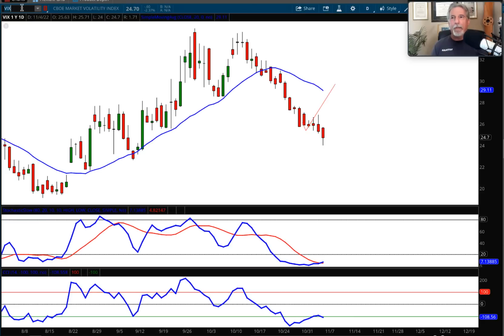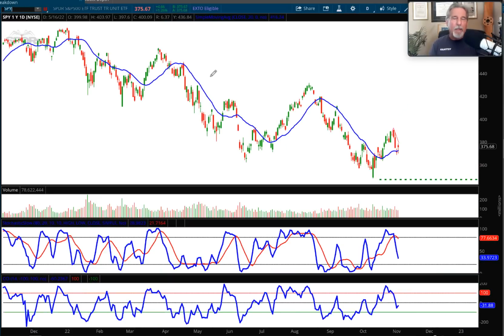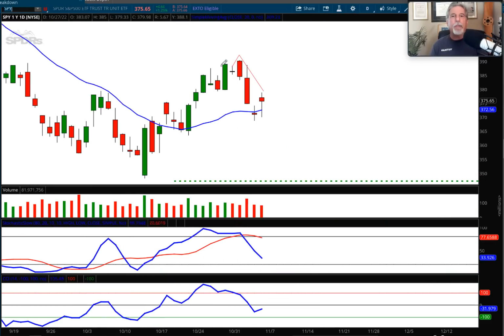Now, if we look at SPY, we're going to see a slight conflict in the candles. Well, what is that? First, you can see that we pivoted from my target point right there. I had an upside target last week, 392.17, and then I said we would pivot down to go to 379.24, which we did.